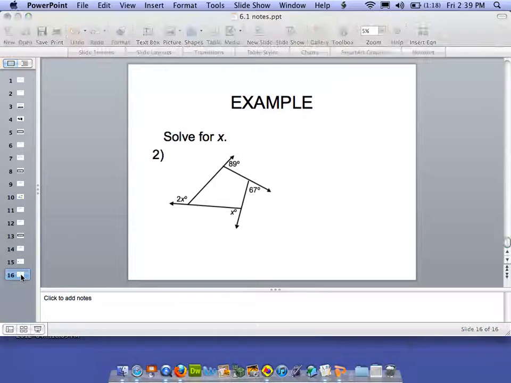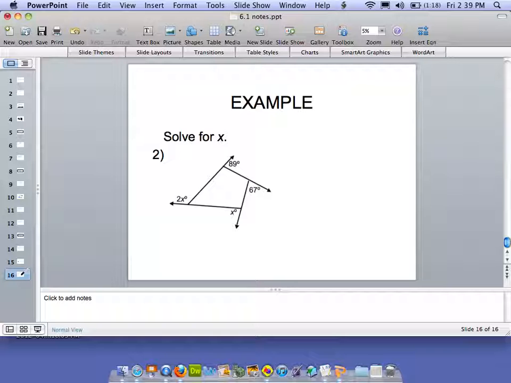Okay, in our last example, we have a shape that's giving us exterior angles of x, 2x, 89, and 67. And since we know that those are going to all add up to 360 degrees, there would be my equation that I would use to solve.